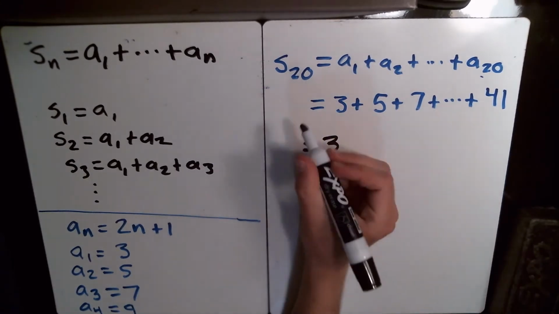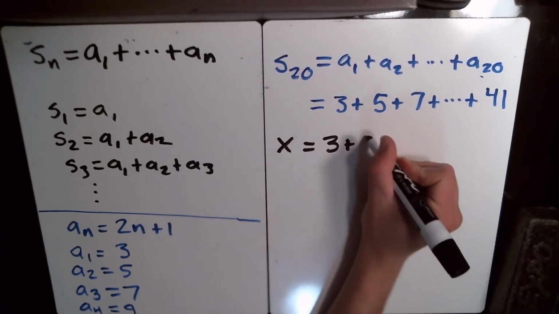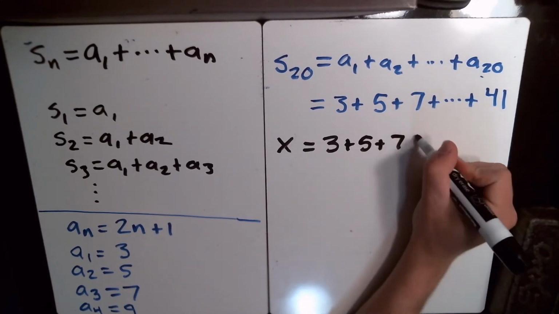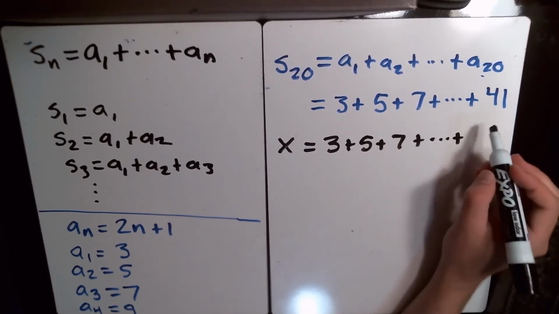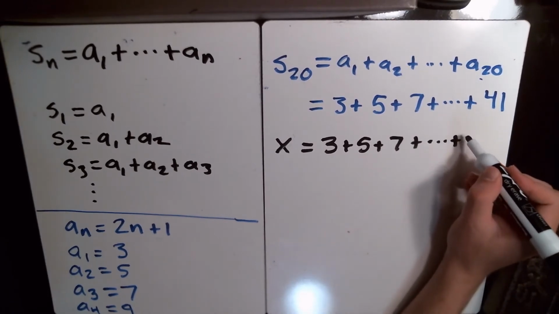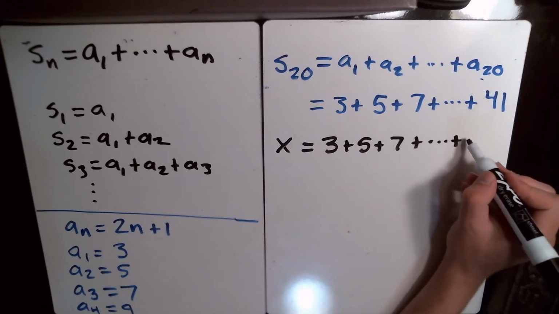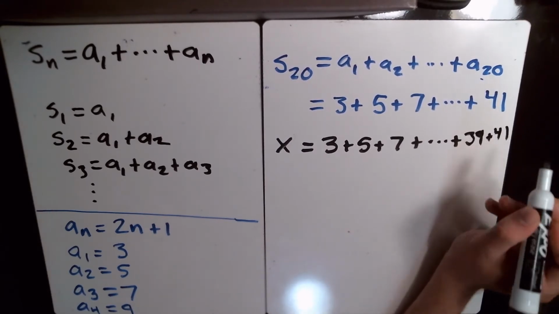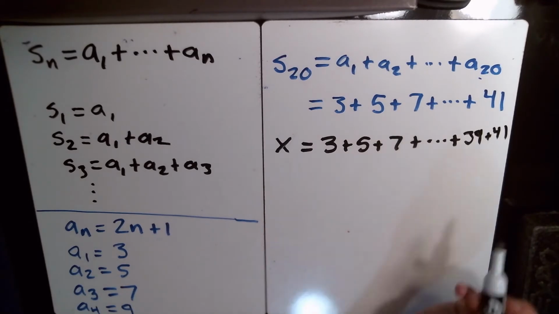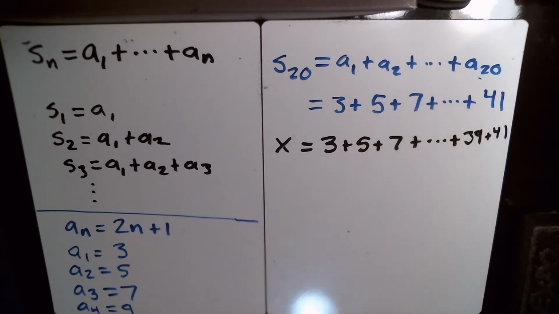We'll say X is equal to 3 plus 5 plus 7 plus all the way up to 41. I'll maybe add in one term lower as well. So that would be 39 as the term before 41. Okay, so this would be our sum here.